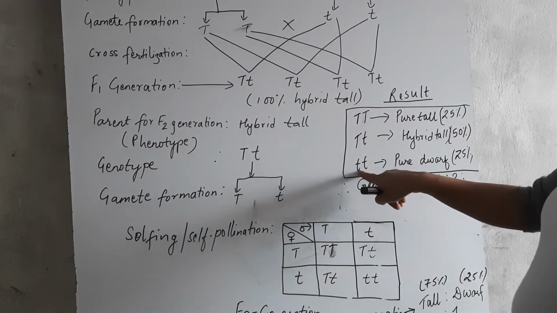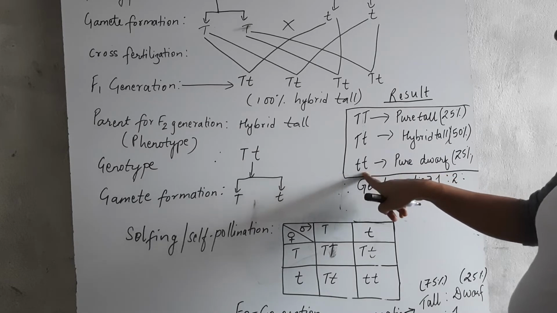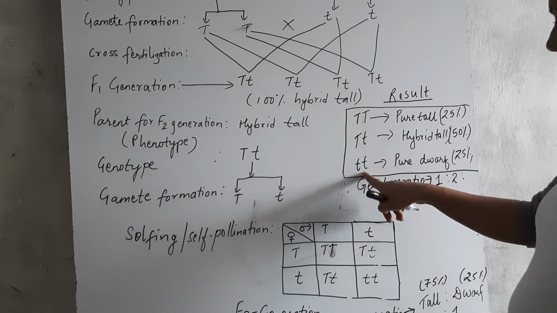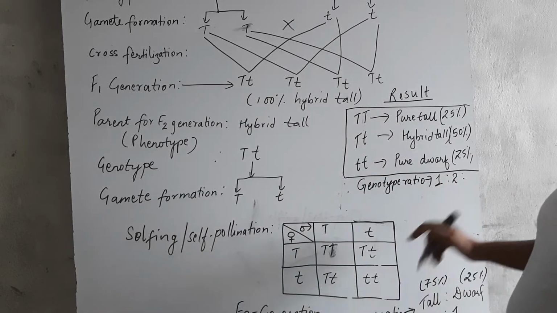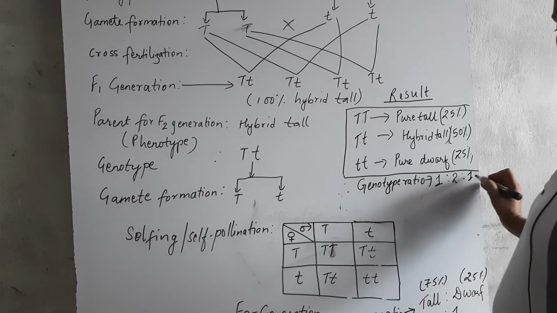And the small t kind of gene containing organism in F2 generation is found to be 1, that's why the ratio is 1.